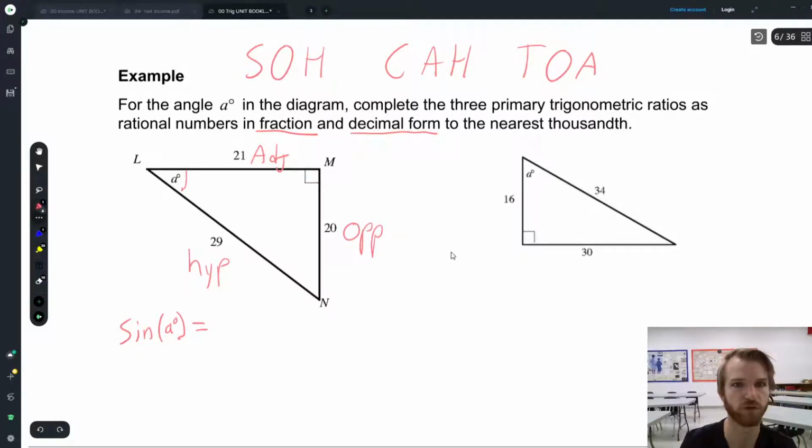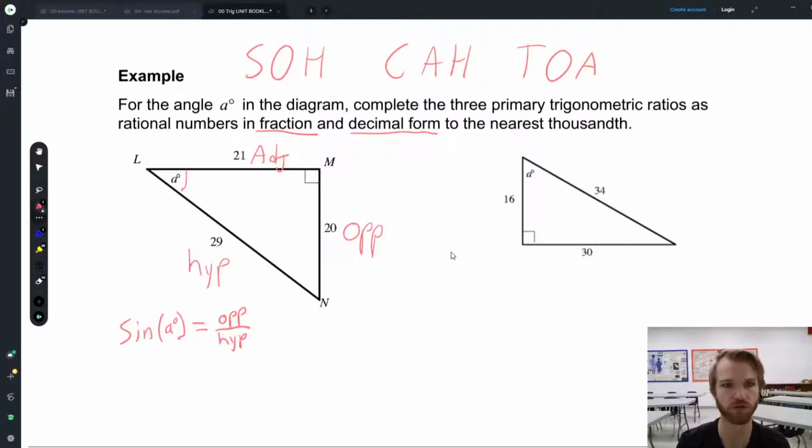It is equal to the opposite over the hypotenuse. This is kind of like the formula before we really filled it in with anything. Now if we want to say what this ratio is for this triangle, we need to fill in the opposite side length and the hypotenuse side length.